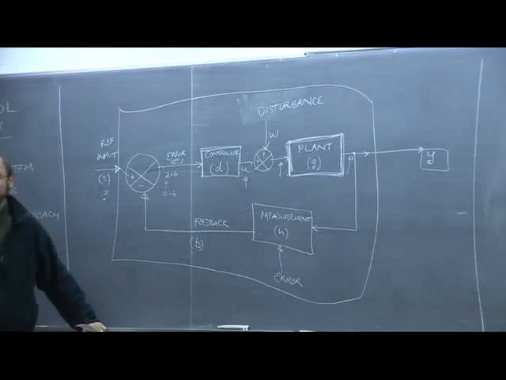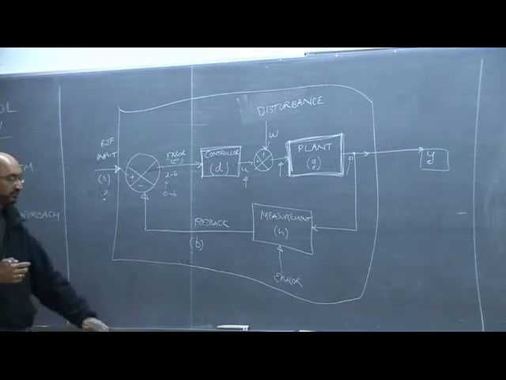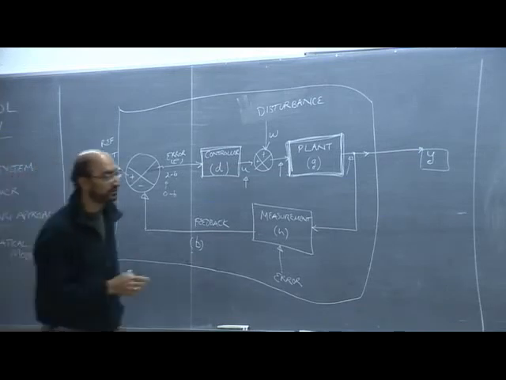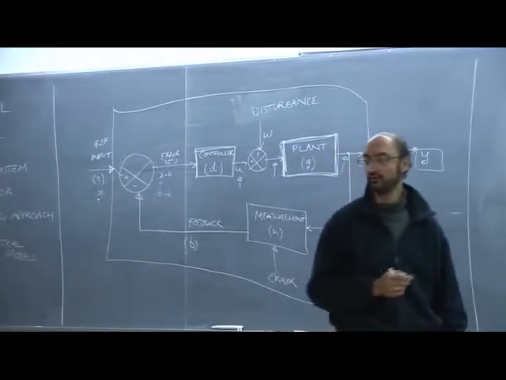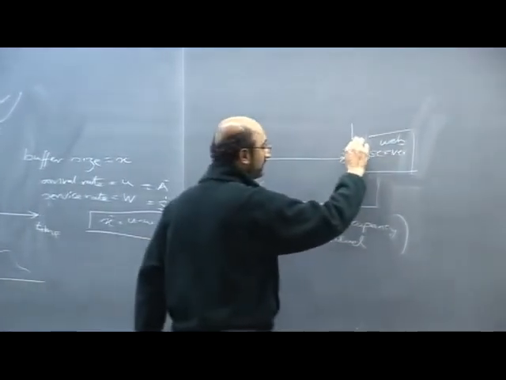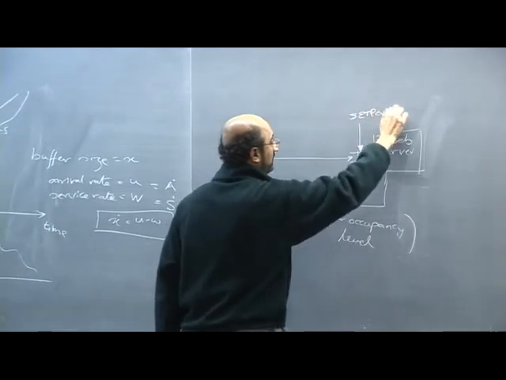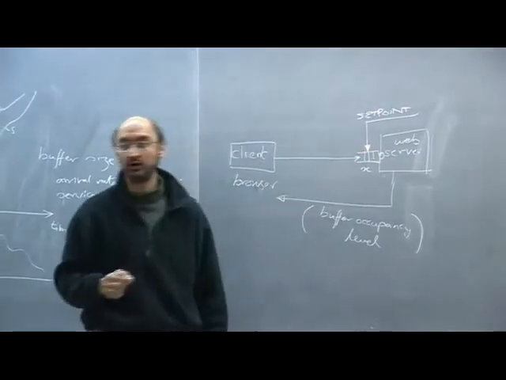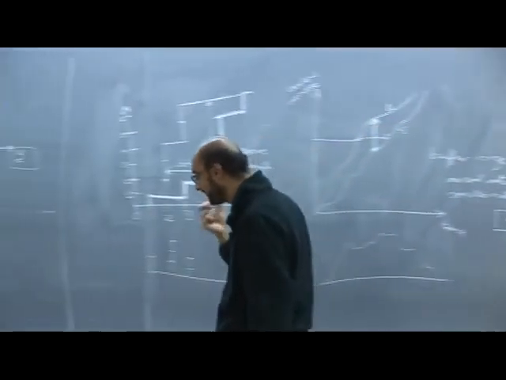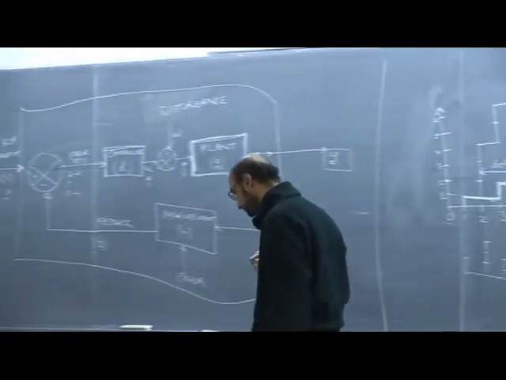There are many different things you could have for the reference input, but I'm going to choose a particular one, and I'll explain why. It's not the intuitive thing that you would think of. I'm going to choose as the set point for the buffer, at what value you want the buffer to be.